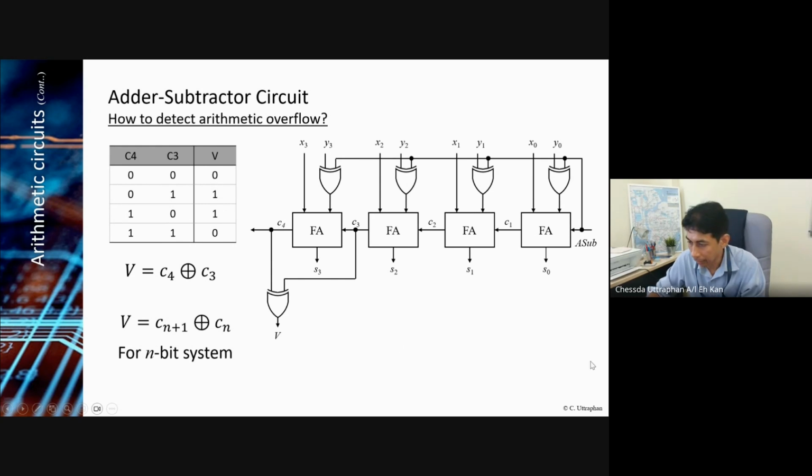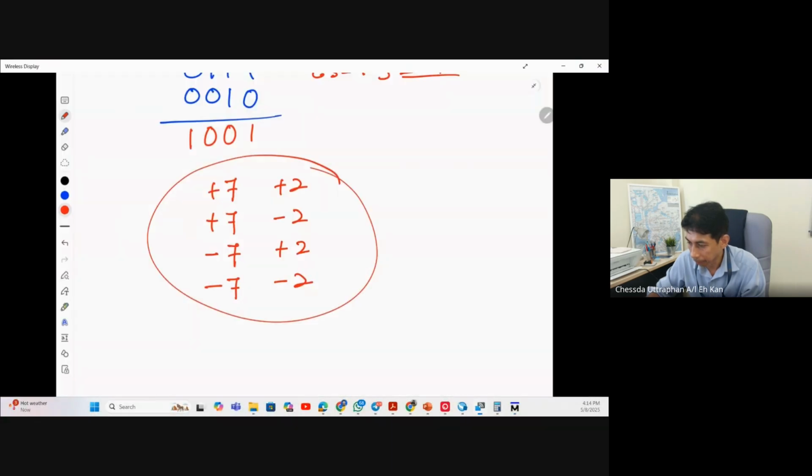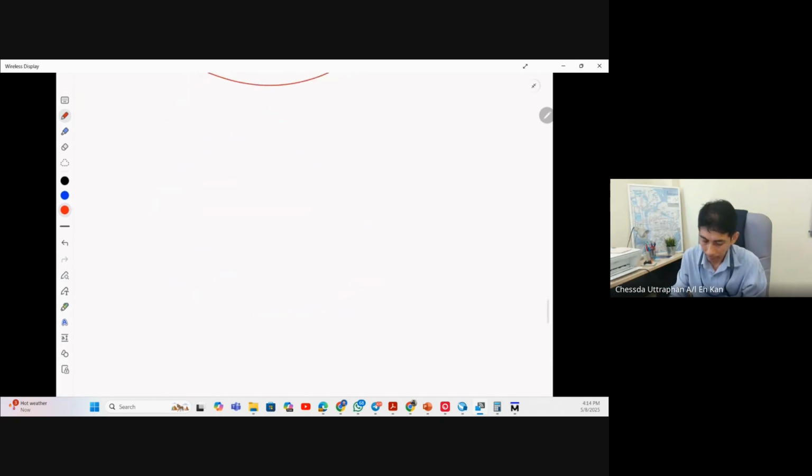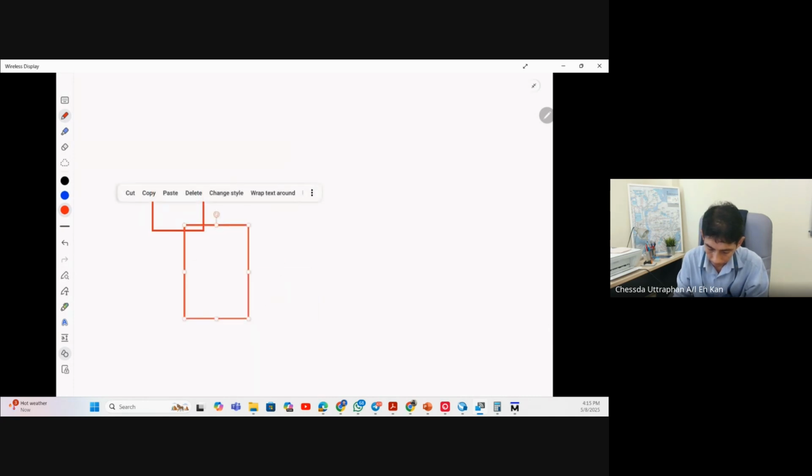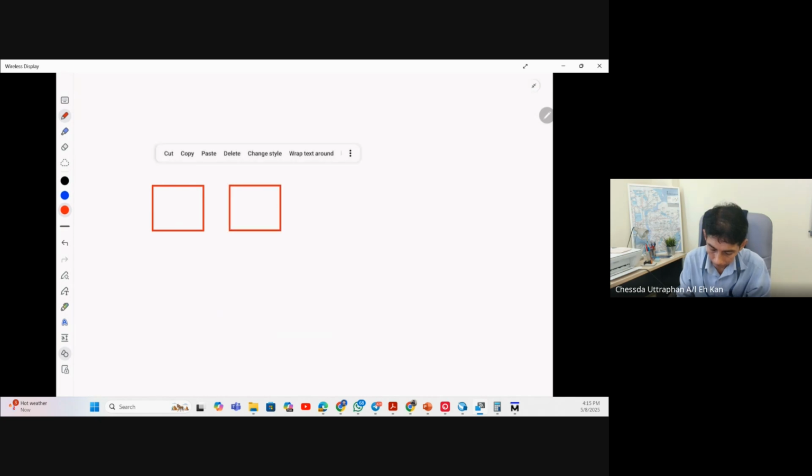What if your circuit is 8-bit? The answer is easy. Same thing. If your system is 8-bit, you will have x0, y0, this is ci, this is s0.